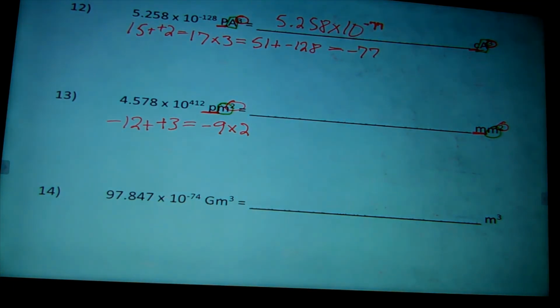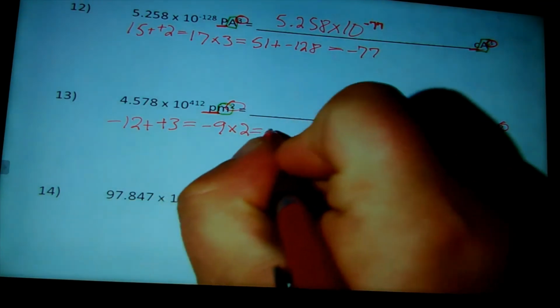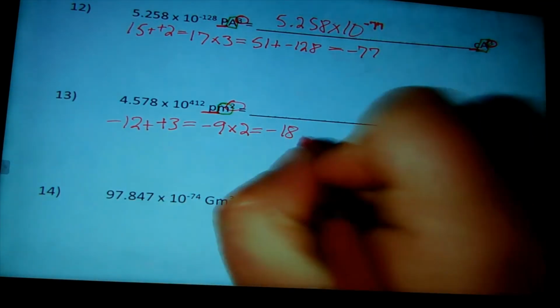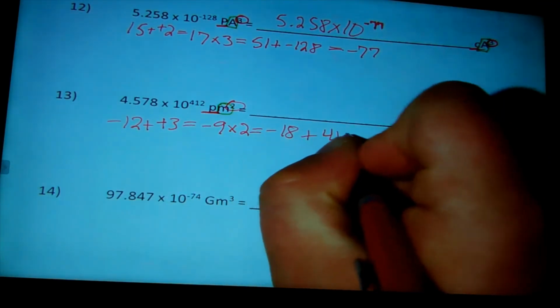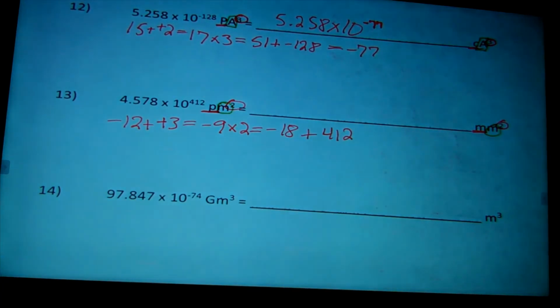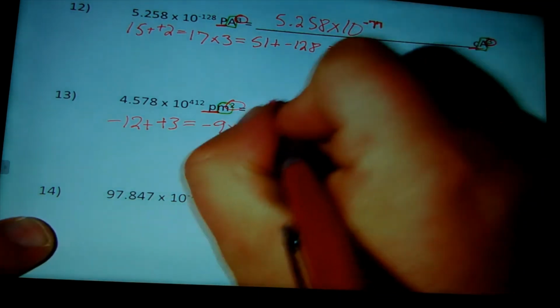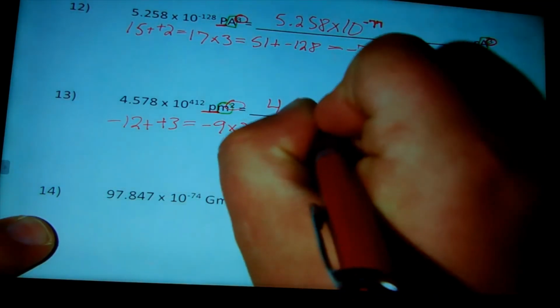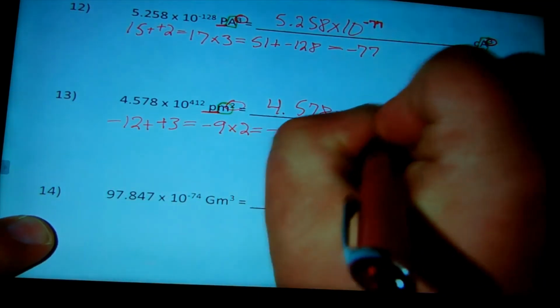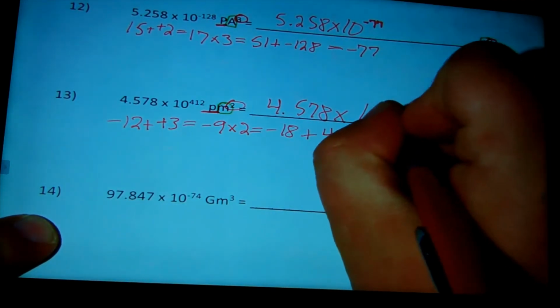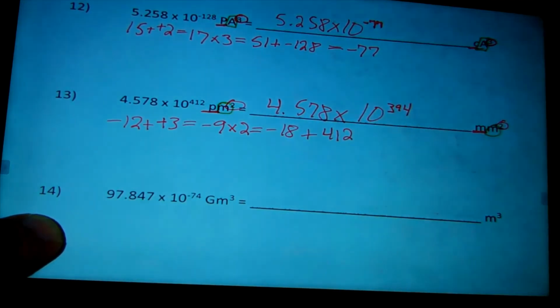So negative 9 times 2 is negative 18. Then we add what we originally started with, which is 412. Negative 18 plus 412, so we get 4.578 times 10 to the 394th power.